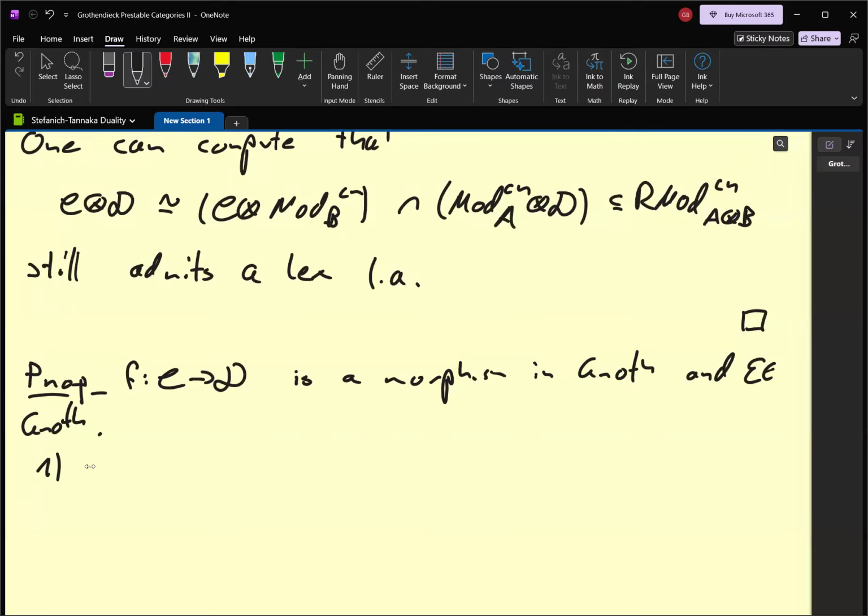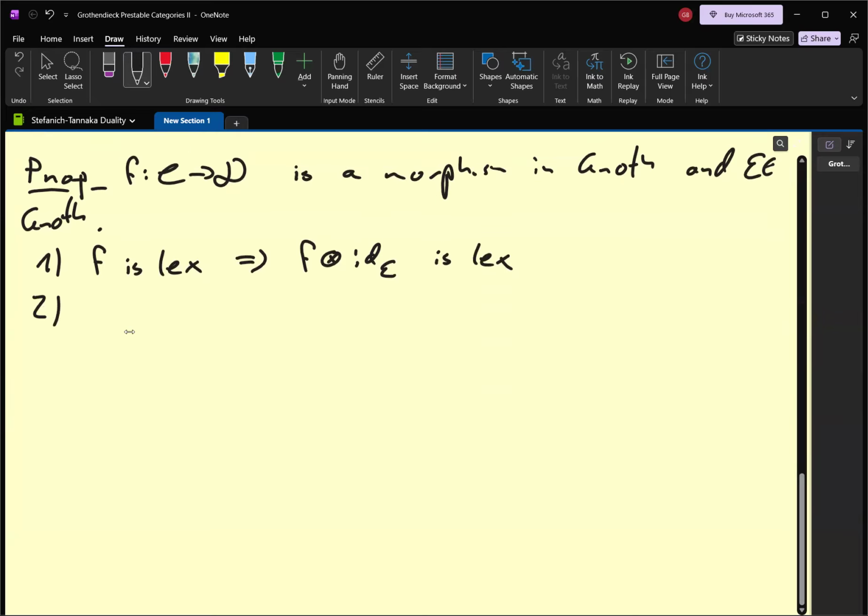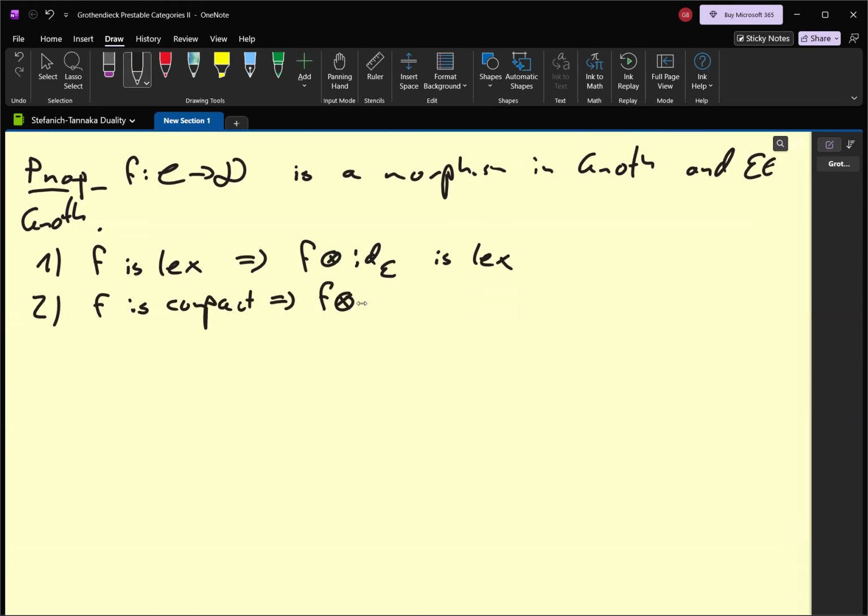One, if f is Lex, this implies that so is f tensor the identity. And the second is that if f is compact, then f tensor the identity is also compact.